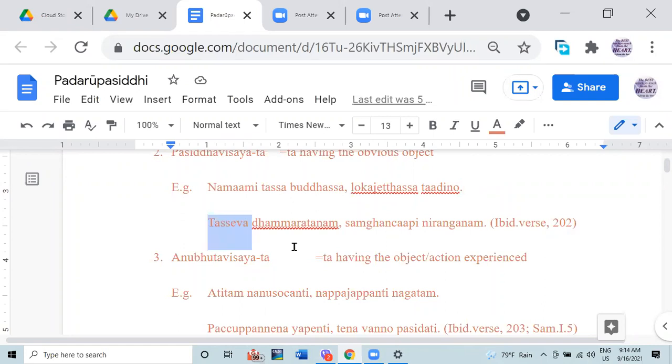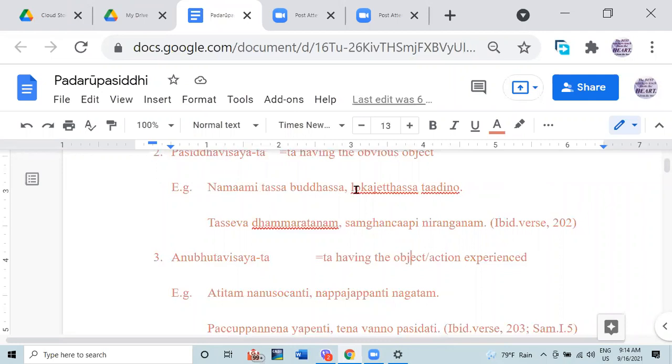That's it. And then Niranganam. Niranganam is a compound. Angana is the name of a defilement, and nir means without. So it modifies Sangha. And also I pay homage to the Sangha without defilement, who has no defilement. Okay, this is paying homage to the triple gems.